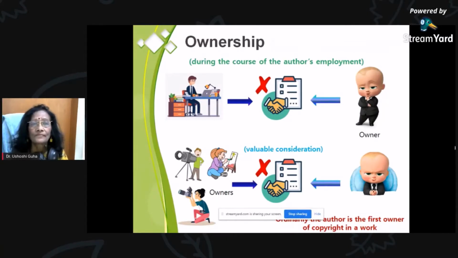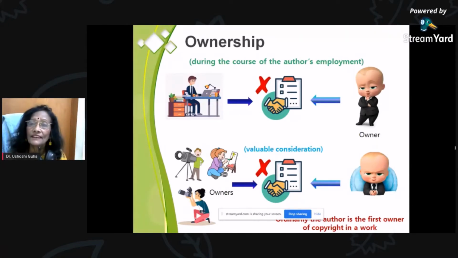See, an office. The owner is there. The owner has appointed his employee. Now they have a kind of agreement in the middle, a contract. The owner is telling the employee that you agree to my terms and I'll give you salary or some other kind of goodwill, in lieu of which you are going to work.